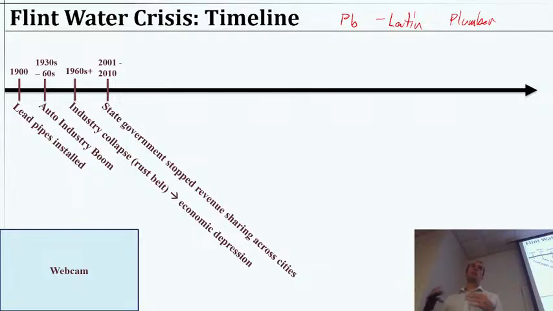It was time to force these cities to balance their budgets themselves. So in the 2001 to 2010 range, the state government stopped this revenue sharing program where they would take revenue from, let's say, Grand Rapids, which was doing a little better, and share it around to Flint and other cities.